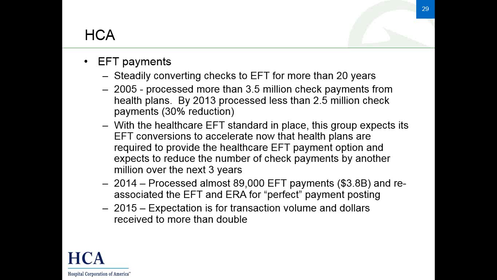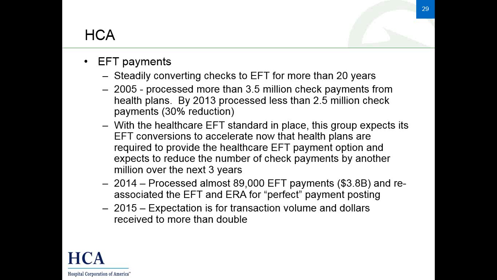So we adopted and built our own internal process to do the reassociation of EFT and ERA, and embarked upon an effort to move electronic payments from our legacy electronic lockboxes over to what we refer to as our Affordable Care compliant electronic lockboxes. And in 2014, processed slightly more than 89,000 electronic payments.